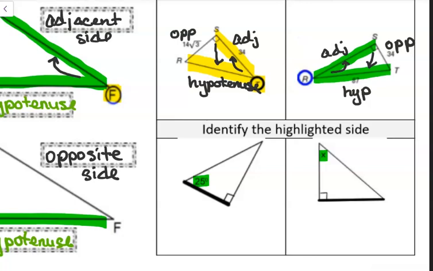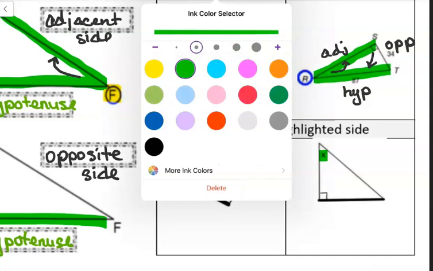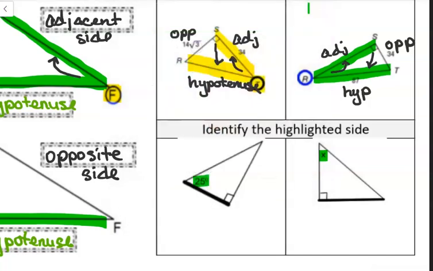Okay, now that you're back, let's check your work. First I'm going to highlight. If this is my reference, then these two are the sides of my reference angle. So that means the highlighted is a side of my angle. Well, straight across from the right angle is the hypotenuse, so this one here must be the adjacent.